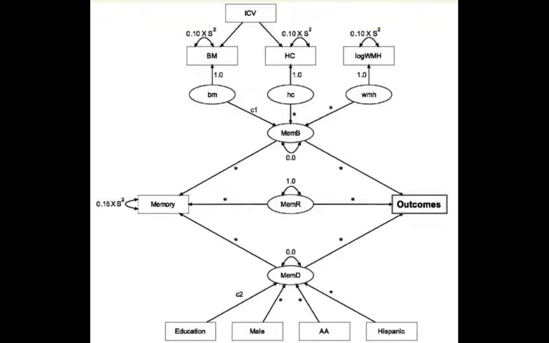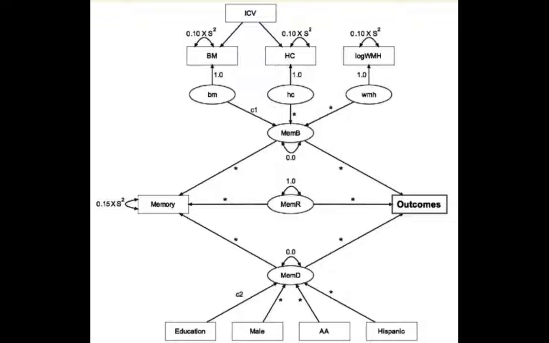In this kind of modeling, we can actually separate them, and see what part of memory relates to the brain and what part relates to demographics. One of the things we did in this paper was look at how these three components related to outcomes.